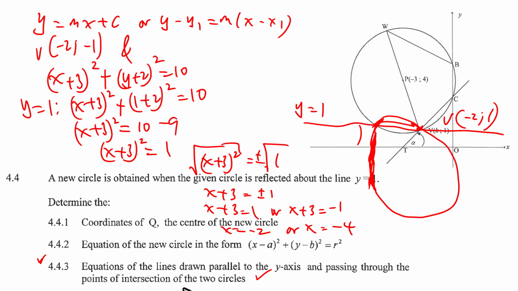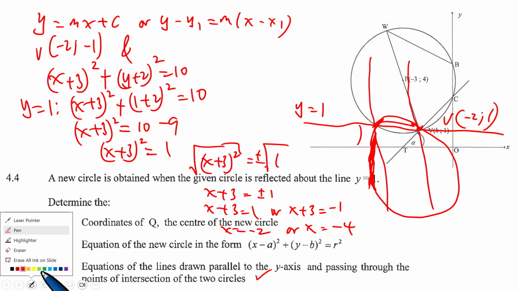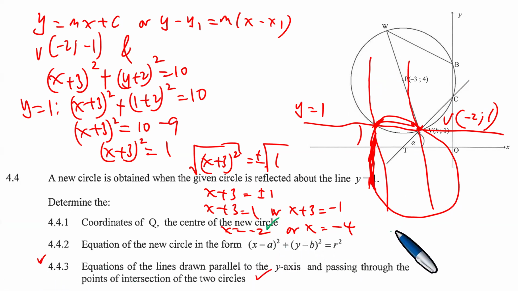Equations of the lines drawn parallel to the y-axis and passing through the points of intersection of the two circles. Parallel to the y-axis, they are vertical lines. So one of the lines is x equal to minus 2, and the other one is x equal to minus 4.